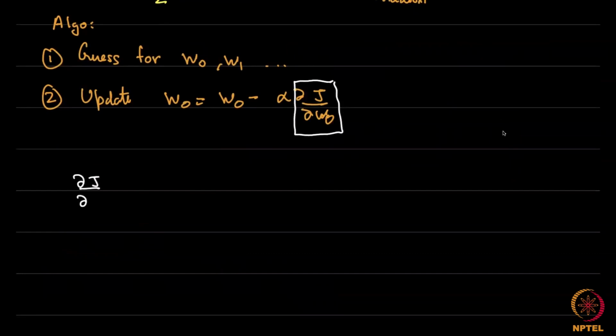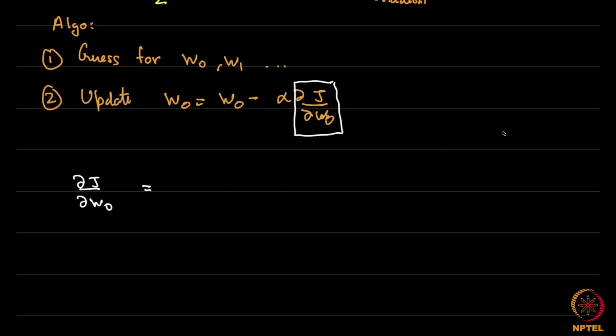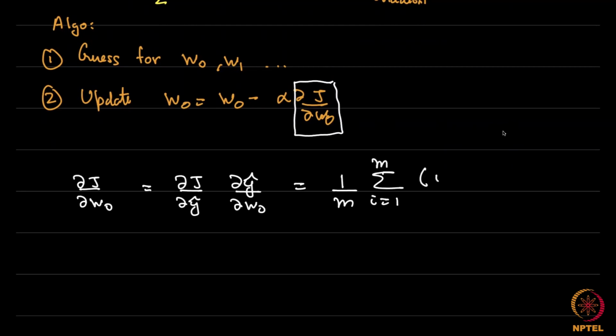Again, you might remember from our earlier classes that del J del W naught was calculated as del J del Y hat multiplied by del Y hat del W naught, which came to 1 over m sigma i equal to 1 to m. I would request you to check out your earlier notes, yi minus y hat i. Okay.